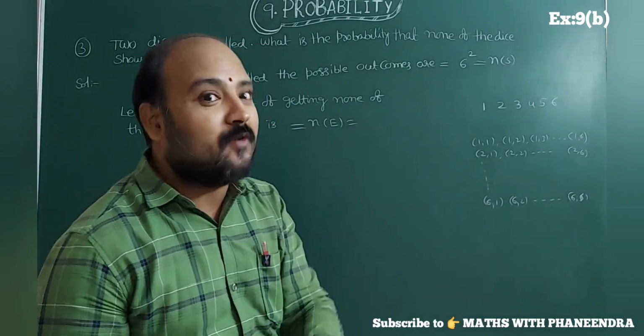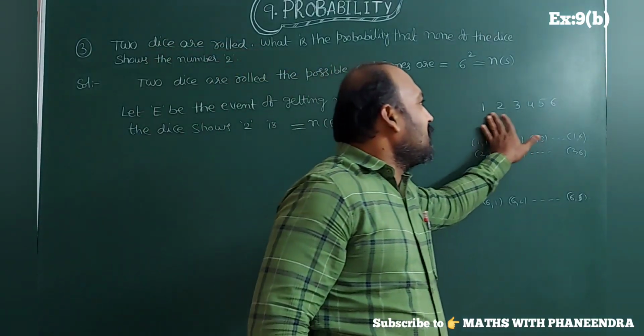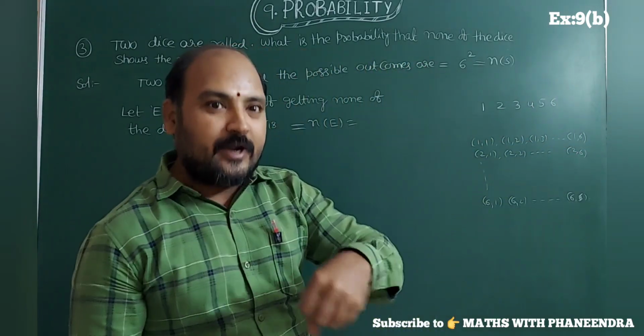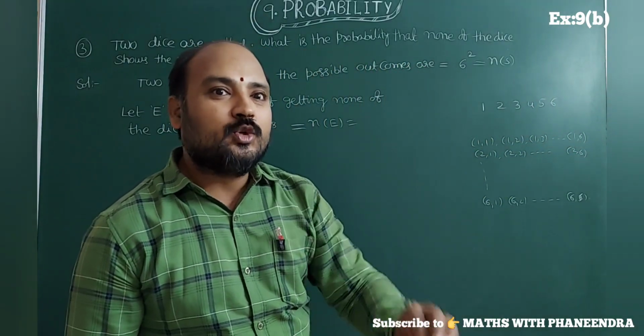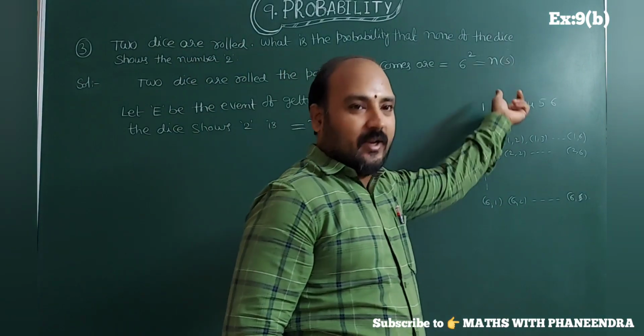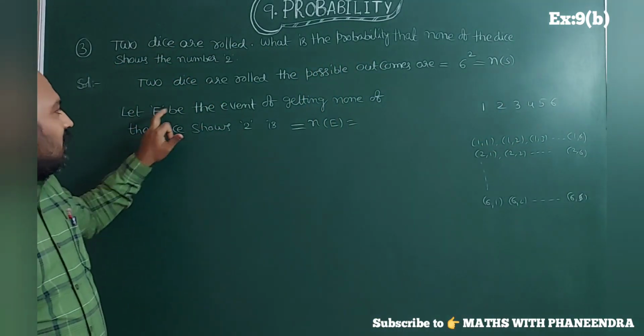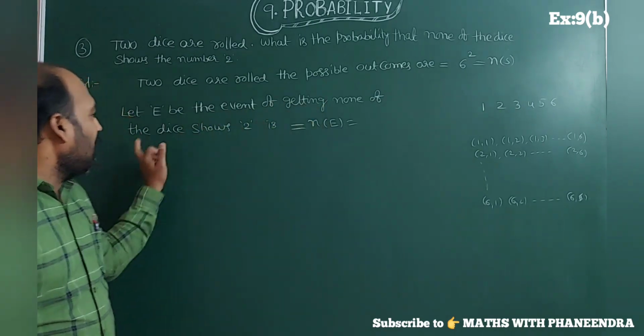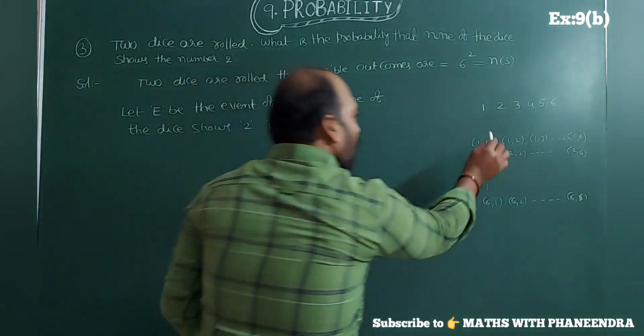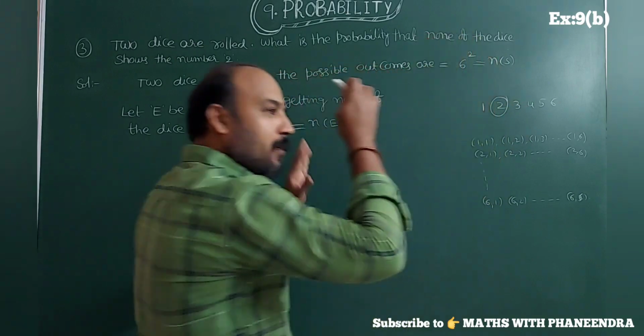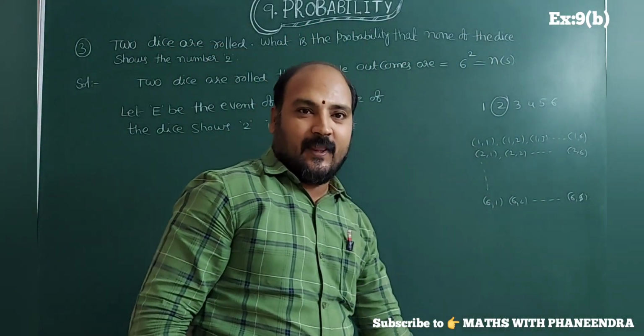First way, observe carefully, dear students. 6 possibilities are there when one die is thrown. 2 dice means 6 square. But the question requires the event of getting none of the dice shows 2. We don't want to see the number 2 among the 36.